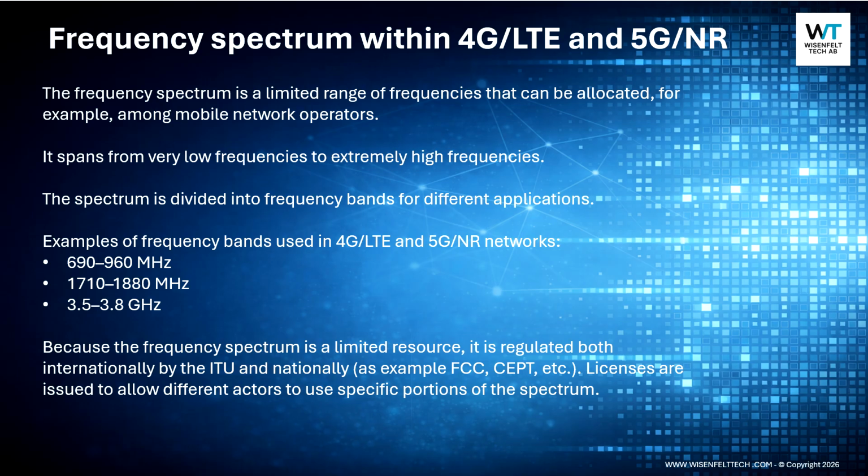To make efficient use of this shared resource, the spectrum is divided into frequency bands, each intended for specific applications. In mobile communication systems like 4G LTE and 5G NR, commonly used frequency bands include 690 to 960 MHz, 1710 to 1880 MHz, and 3.5 to 3.8 GHz.